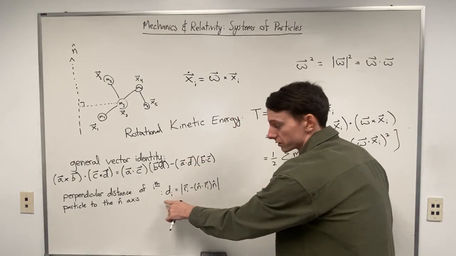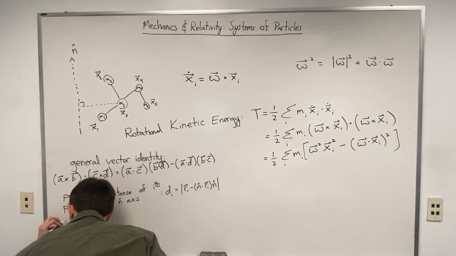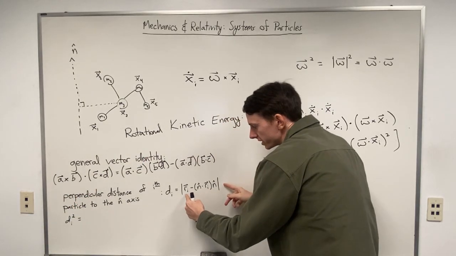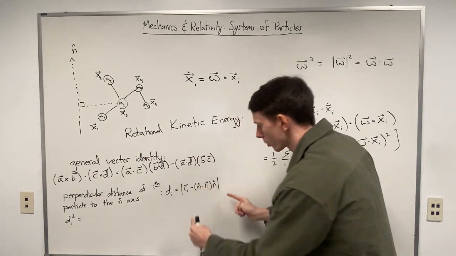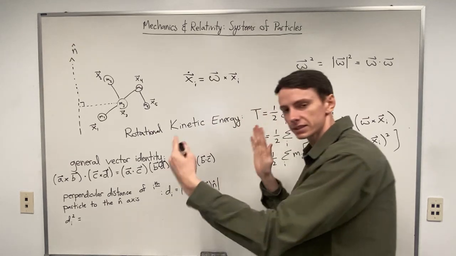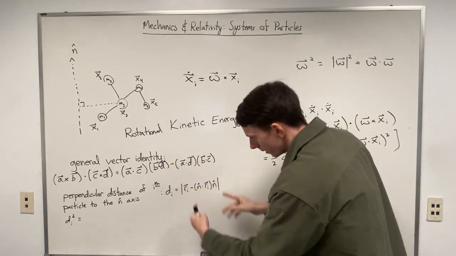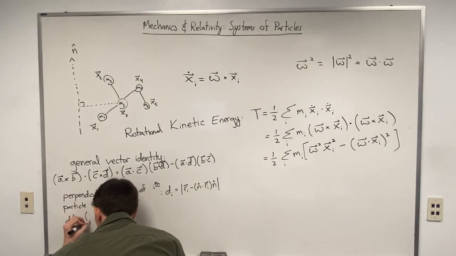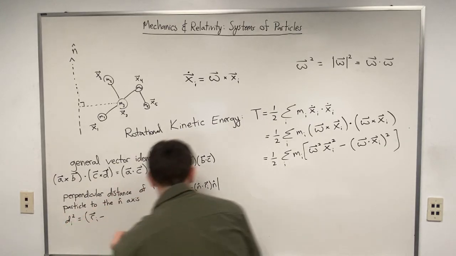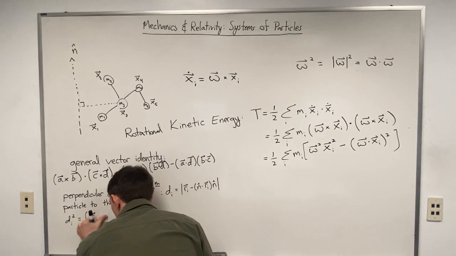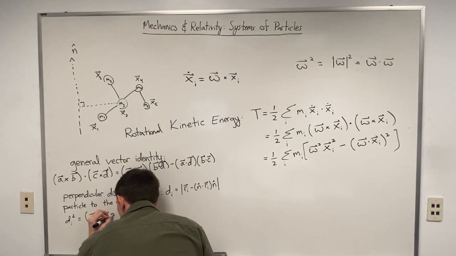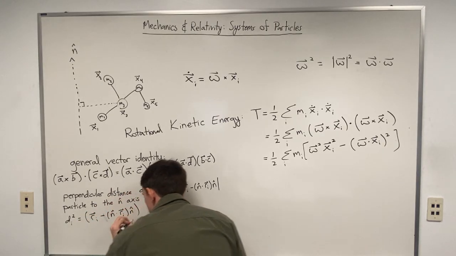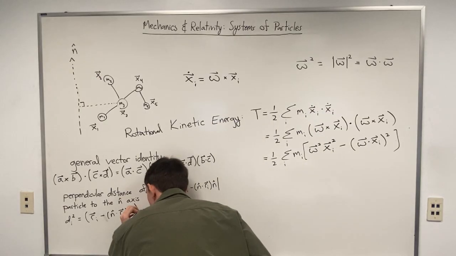If I were to take the square of this quantity, I would get d i squared, and that would just be the magnitude squared of this vector quantity inside absolute magnitudes, that vector in a dot product with itself, right? So I'm going to write it as R i minus n hat dot R i n hat, in a dot product with itself.